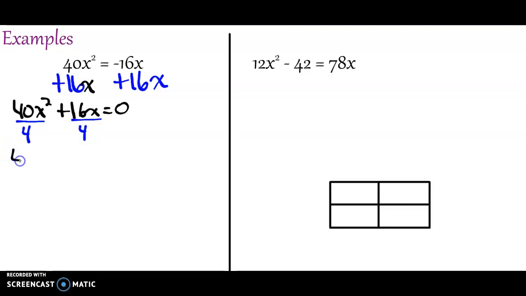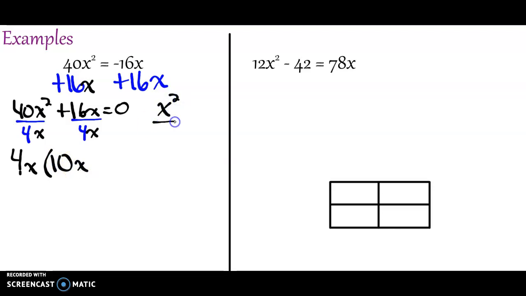And so 4 stays out in the front. 40x squared divided by 4. Oh, and it's also x. Can't forget the x. They also have that in common. So we have to make sure we divide by 4x. So 4x is in common. And once we do that, we are left with 10x, because x squared divided by x is x.